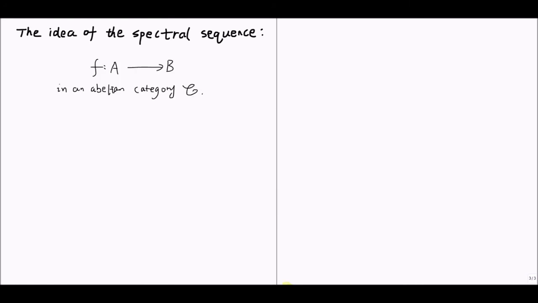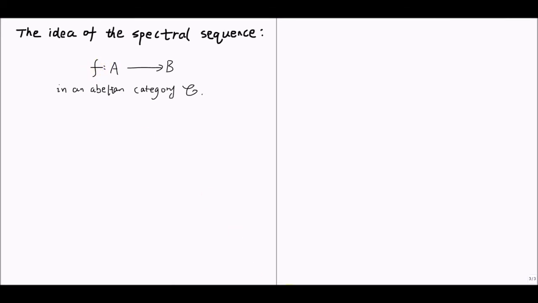Suppose you have a morphism f from the object A to the object B in an abelian category, or the category of R modules, or the category of K vector spaces, or the category of abelian groups, whichever you want. And we want to study the property of this morphism. Is it a monomorphism? Is it an epimorphism? Is it an isomorphism?